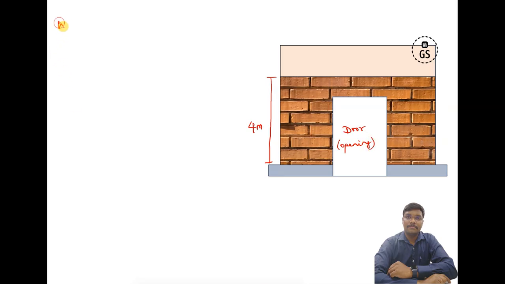So let's go for W2, which I showed you, that wall with openings. This can be a door, window, or any kind of ventilations. All this comes under this category. So if there is any opening, we can do like this.